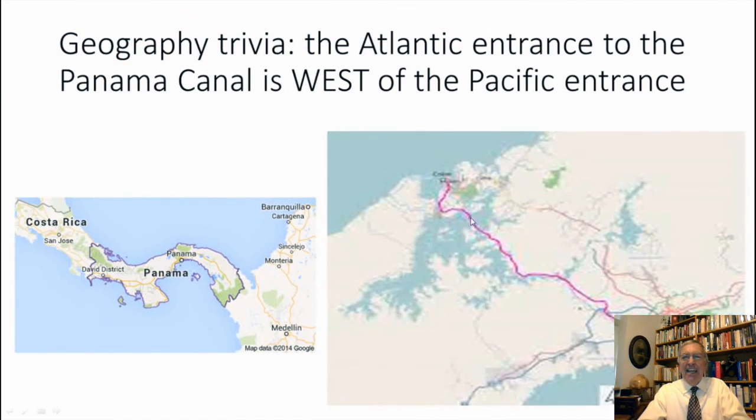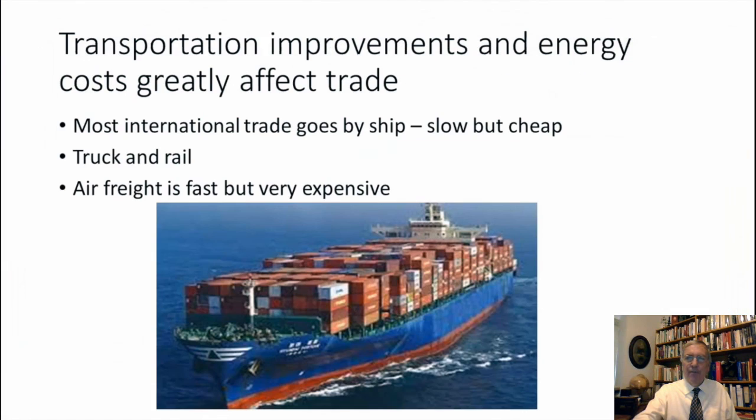The Atlantic entrance, because of the way Panama curves around here, and if you look at it in detail, this is the Atlantic Ocean here, that is the Pacific Ocean there, the Atlantic entrance is actually located west, that would be on your left, of the Pacific entrance, which would be on the right here, right? So anyway, look at the map for a minute, and you'll see what I mean. But anyway, that's an interesting piece of geography trivia for you.